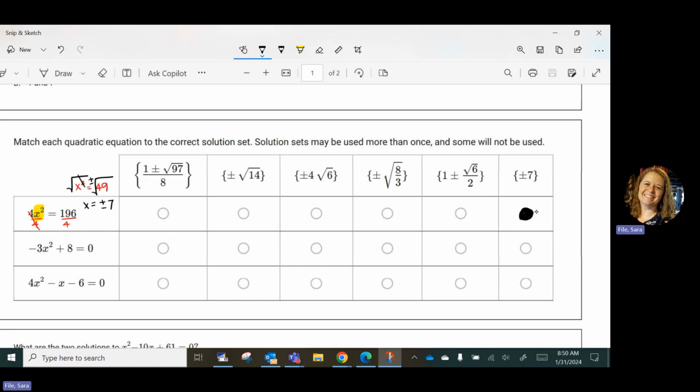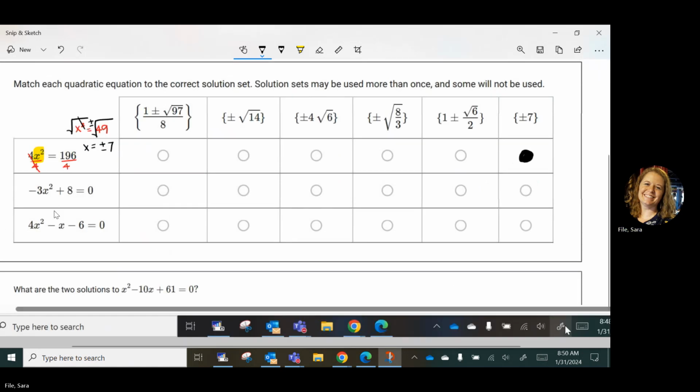Okay, what about this second one? Would I be able to use square root method on that one? Yeah, there's no x term, right? There's only the x squared term. So I need to isolate it and get that by itself. What do I move first? The -3 or the +8? I'm trying to isolate that x squared. Yeah, the 8 needs to move first. So I end up with -3x squared equals -8. And then how do I get rid of that -3?